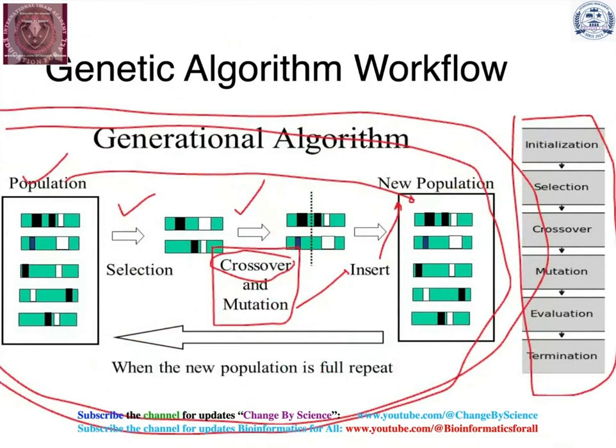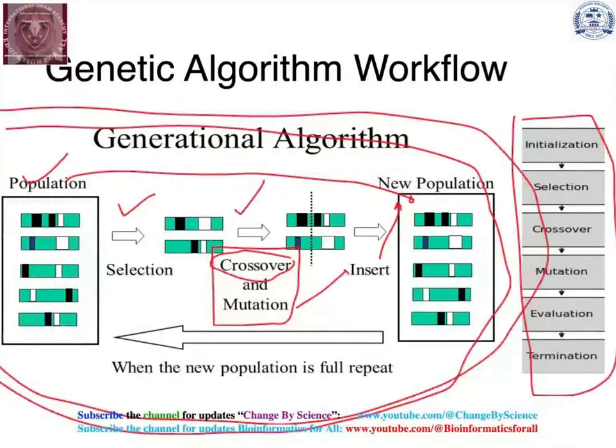Now, the genetic algorithm workflow, you can easily understand. It starts from initialization to selection to crossover, mutation, evaluation, and termination. This is what gives you the impression of genetic algorithm workflow or evolutionary algorithm workflow. So there is only a slight difference between genetic algorithm and evolutionary algorithm.